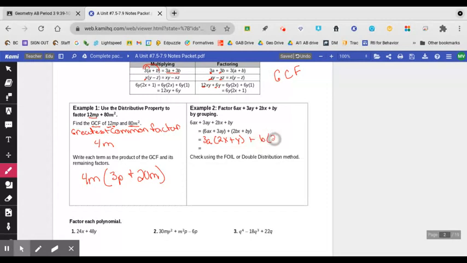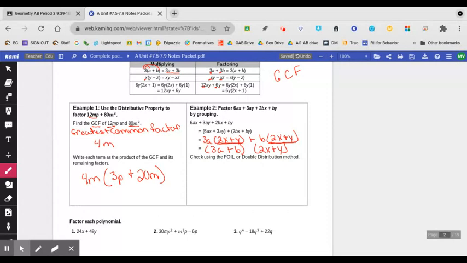So that's b times 2x plus y. You will notice what happens quite frequently is 2x plus y is a factor of both terms. So I can write that as 3a plus b times 2x plus y. I factored out the common factor of the 2x plus y.